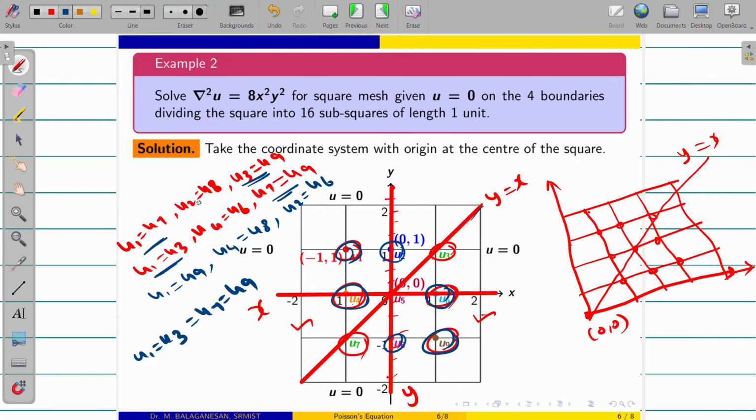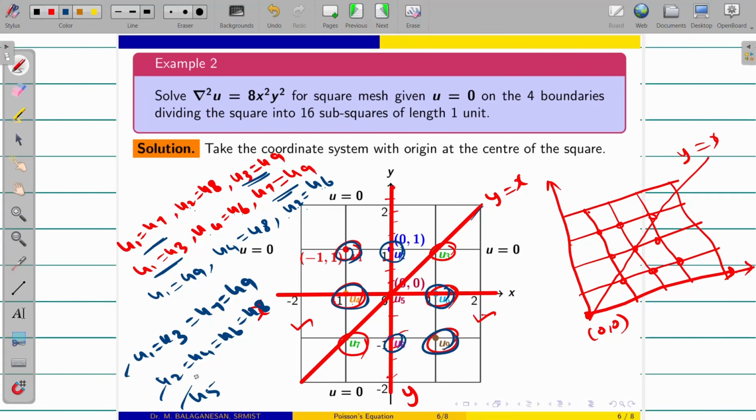Similarly, u2 equal to u6, so u2 equal to u8. u4 equal to u6 means u2 equal to u4. So u2 equal to u4 equal to u6 equal to u8. Then finally you have to find u5. So only three values are enough to find here.